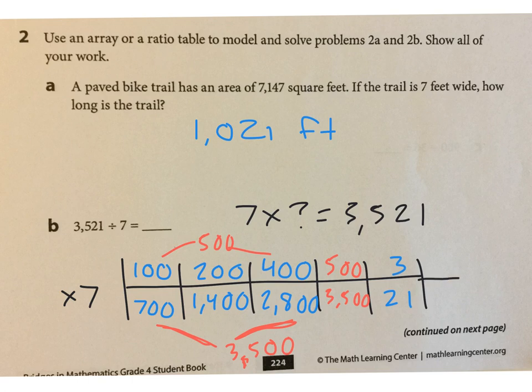And so we're just going to extend this one more spot. Okay. These added together give us the total that we want, 3,521. And that means these added together give us the top number in that column, and that is the answer, 503.